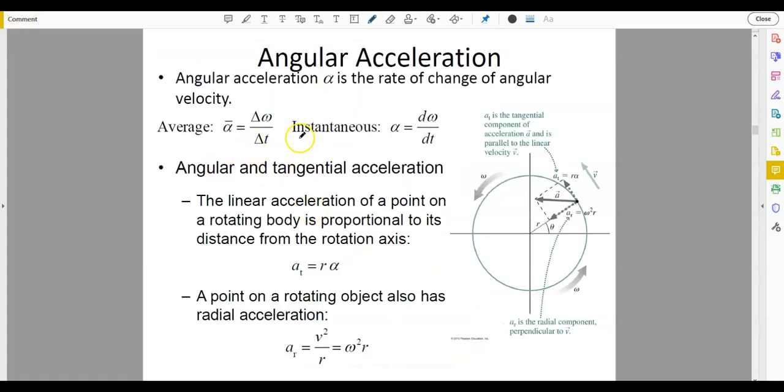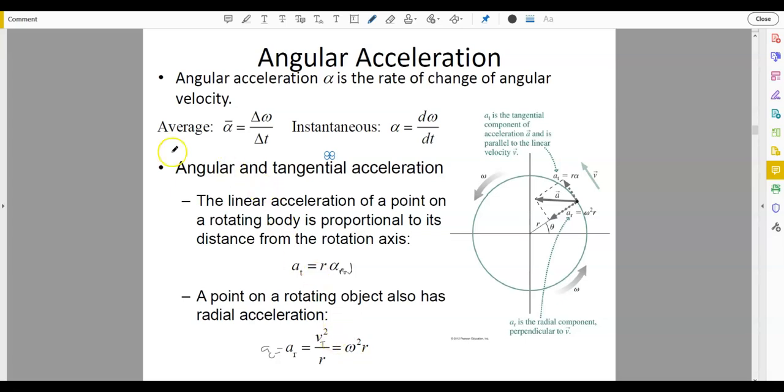So just to remind people of some of those acceleration equations, the tangential acceleration is just going to be r times alpha. And the radial acceleration, which is A sub c, is the tangential velocity squared divided by r, or it's also omega squared times r, okay?